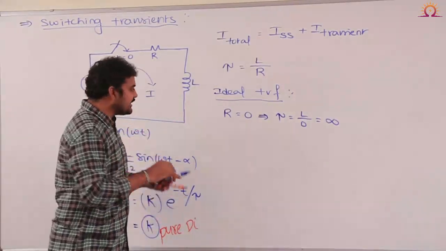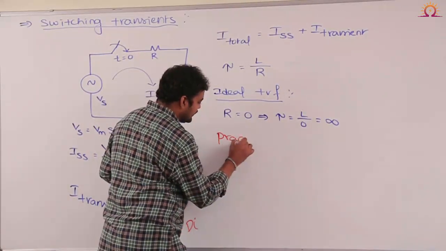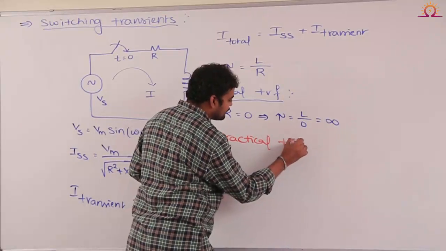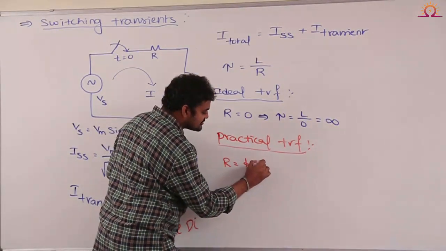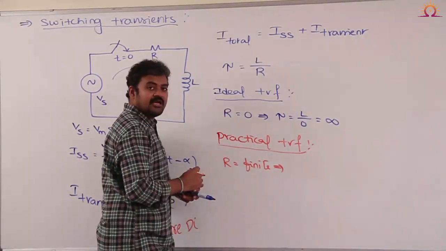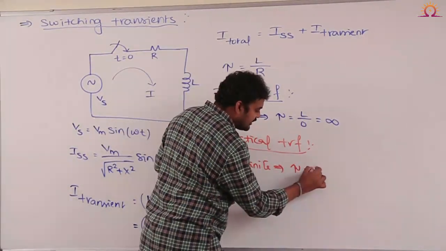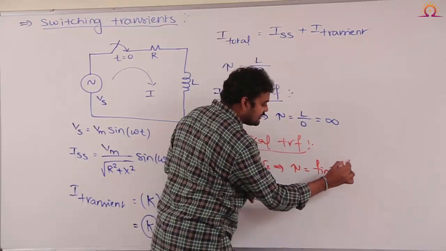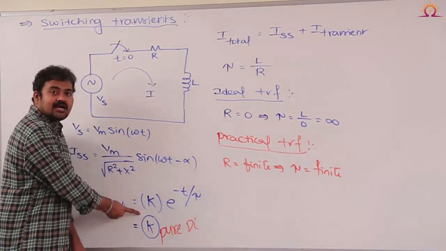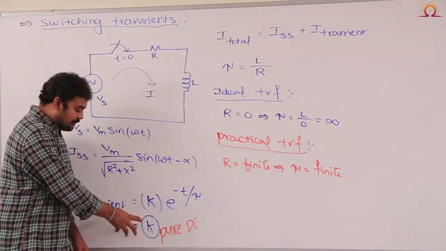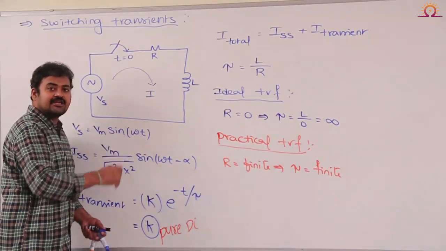But if it is a practical transformer, can I say resistance is definitely a finite value, because the winding will have resistance. If resistance is a finite value, the time constant is also a finite value. If the time constant is a finite value, will this transient current component be a pure DC component or an exponentially decaying component?